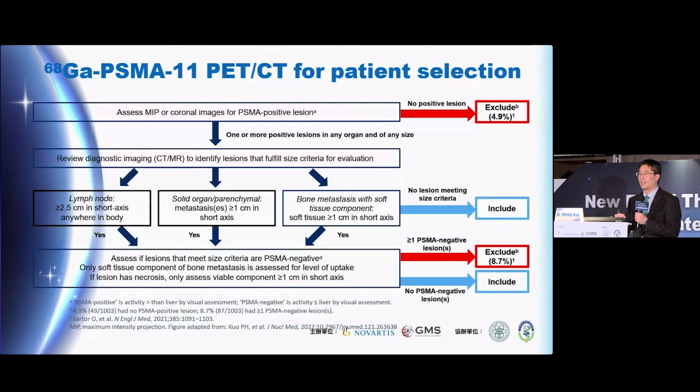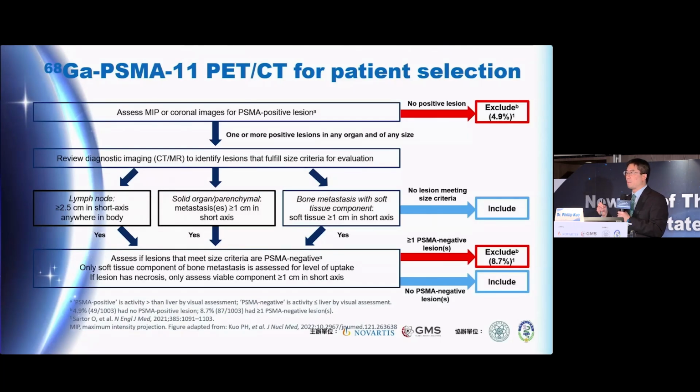And you go on to the next step. This was the truly different part. Since we did not have an FDG PET, we had to replace it with something. FDG PET is a very, very powerful tool. You cannot completely replace FDG PET with any anatomical imaging, whether it's CT or MRI, but we can do pretty well.